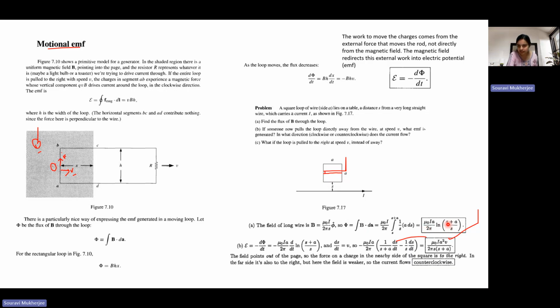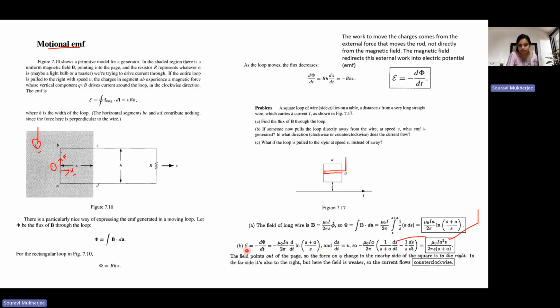As you can see, you have this term, ln of s plus a by a, which has s in it. When you take the loop away, your s changes with time. So you have to do a time derivative of this term, where ds dt is given by the velocity with which you take the loop away. If you do that, this is the relation that you end up getting.